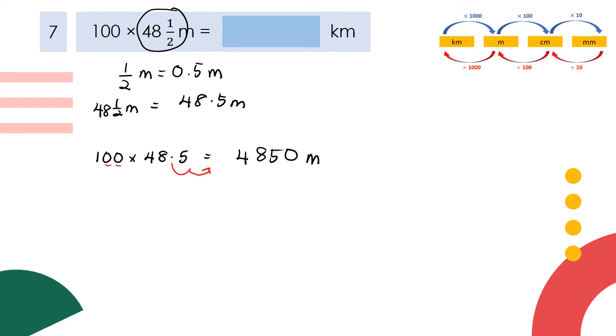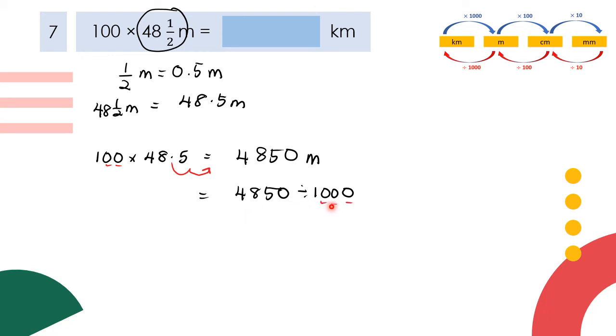4,850 m. So, now we need to convert this into km. So, how to convert m to km? We need to divide by 1000. So, remember, if divide, we need to move the decimal point to the left.